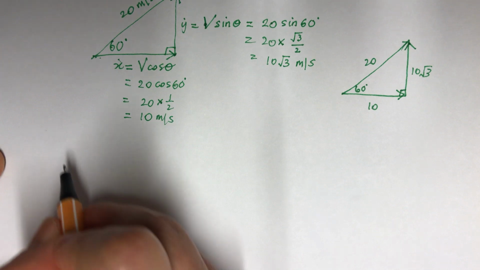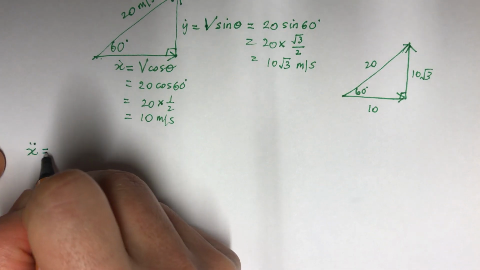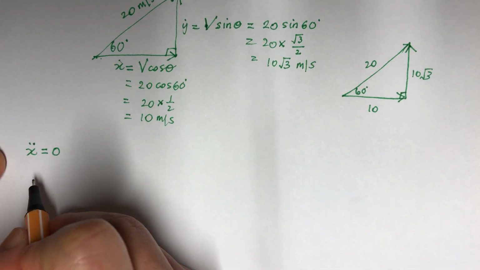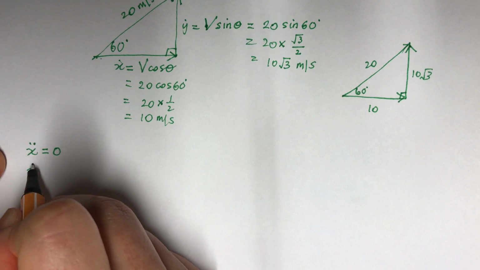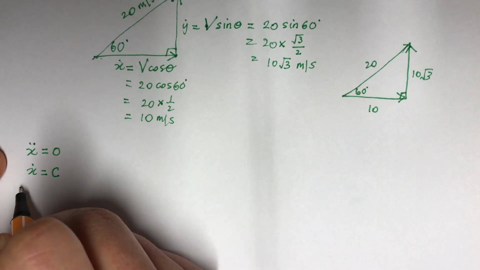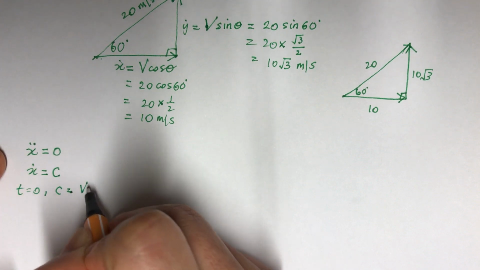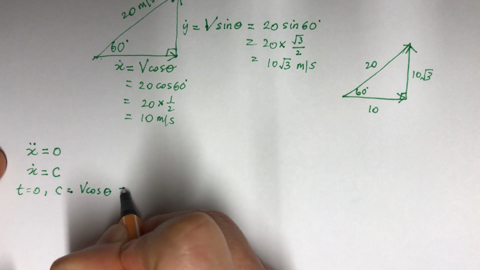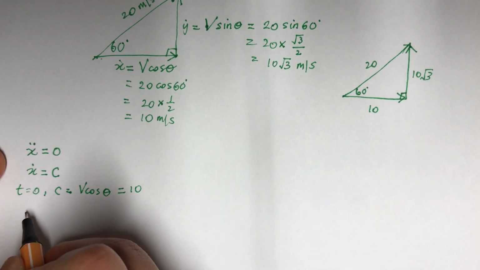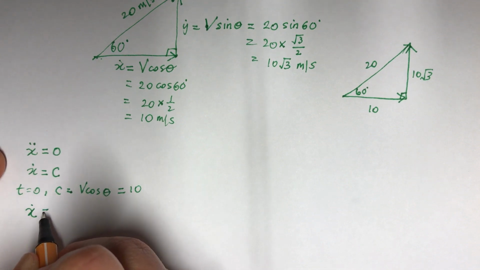From here, first I'm going to work on x double dot. It always starts from the acceleration. So x dot equals c, where c is a constant, and when t is 0, c is V cos theta, which is 10. So x dot equals 10.